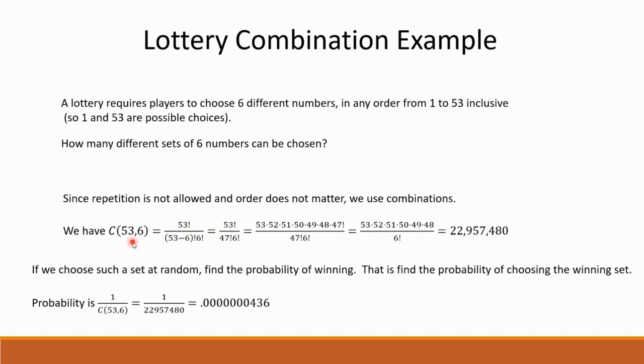But if you put this number in your calculator and got the answer, that would be fine. You could also use this formula if you want, which is what I'm doing. And then I just simplified it a bit to show how you get from here to here. Basically, the total number of sets of 6 different numbers is this. That's how many possible sets of 6 different numbers there are.